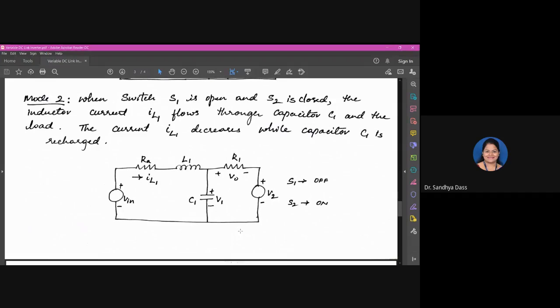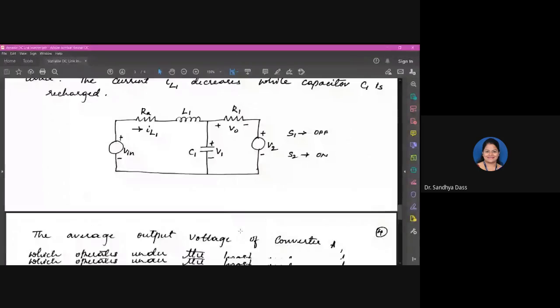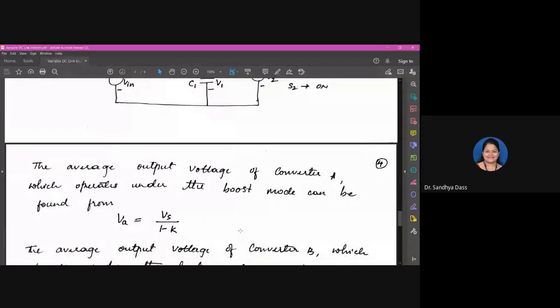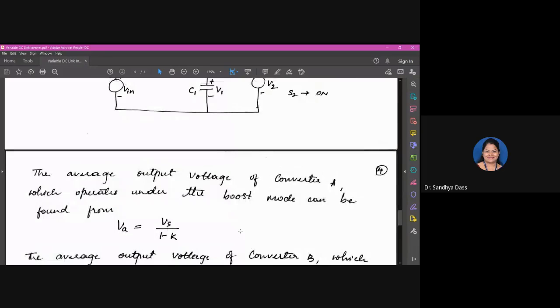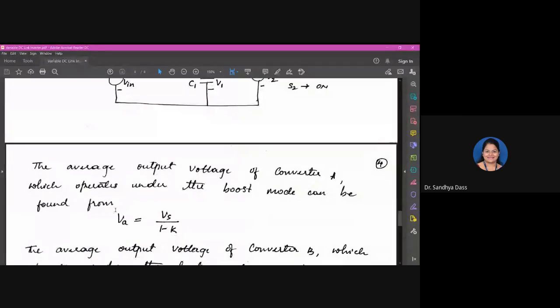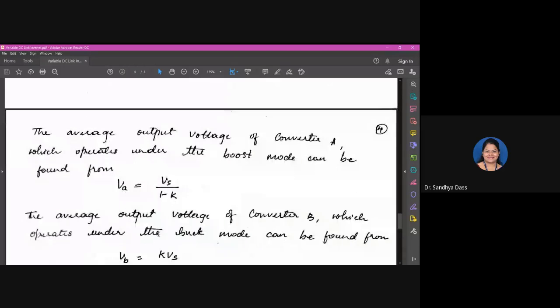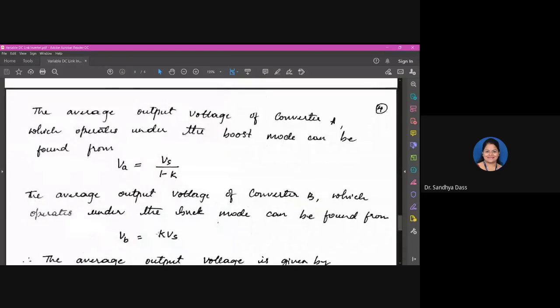So the average output voltage of converter A, which operates under the boost mode, can be found from the output of the boost circuit, that the average output voltage VA is given by Vs by 1 minus K. Assume that converter B is operating under buck mode.